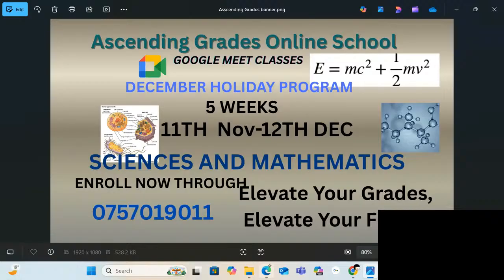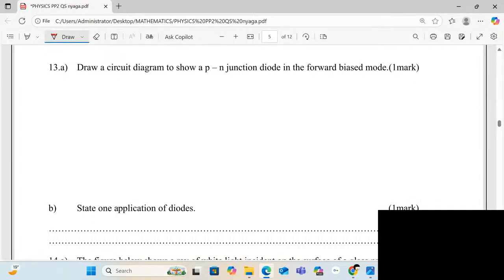Back to the session. So we are supposed to have a forward biased mode. Let me draw the P and N junction diode first, like this.